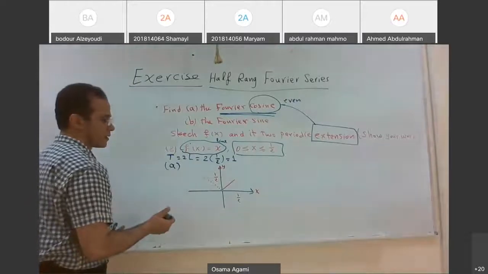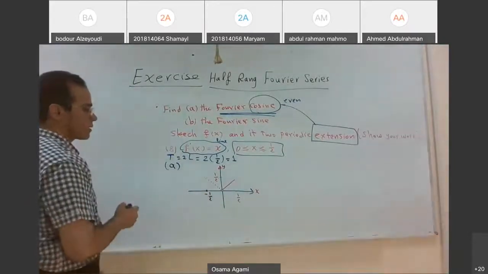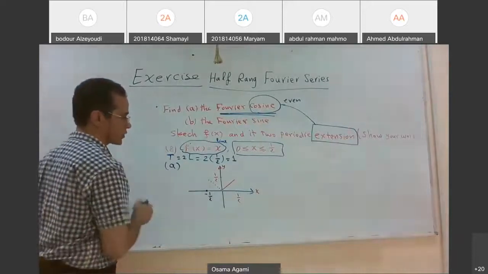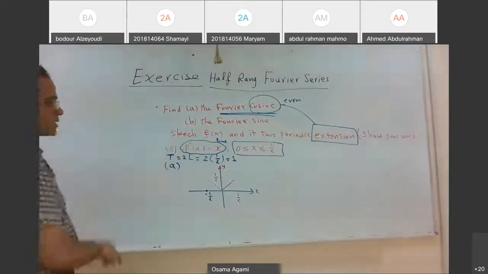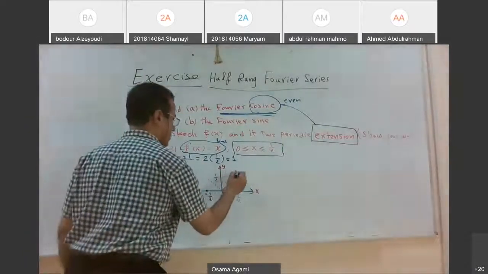Now you have the other half, or the other half range of your function. So this is your function f of x.